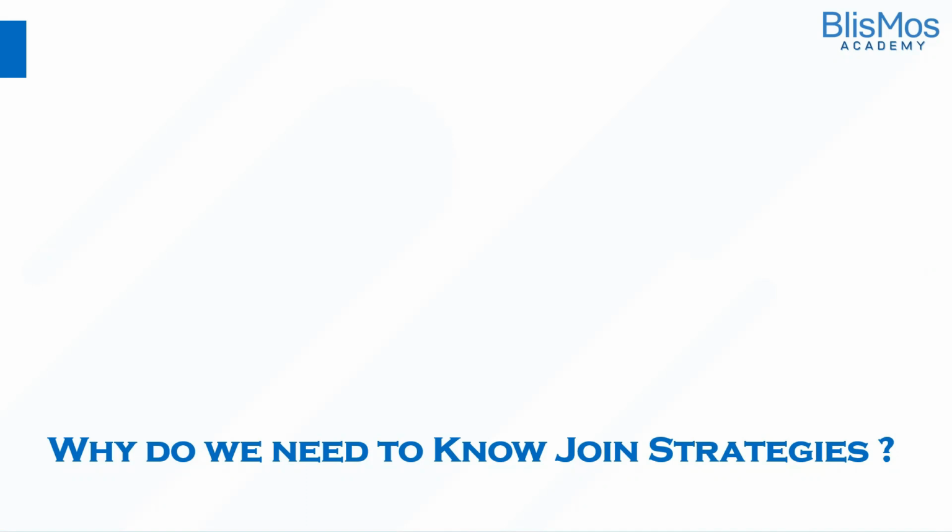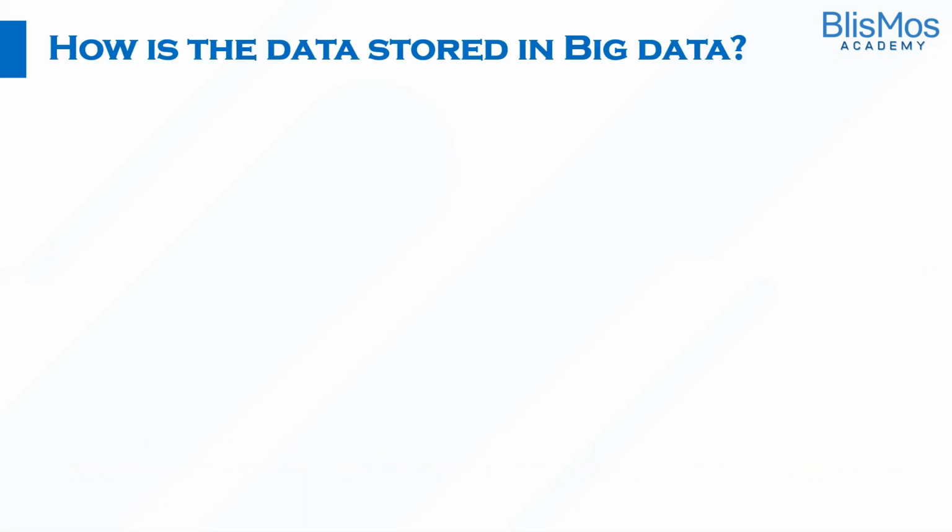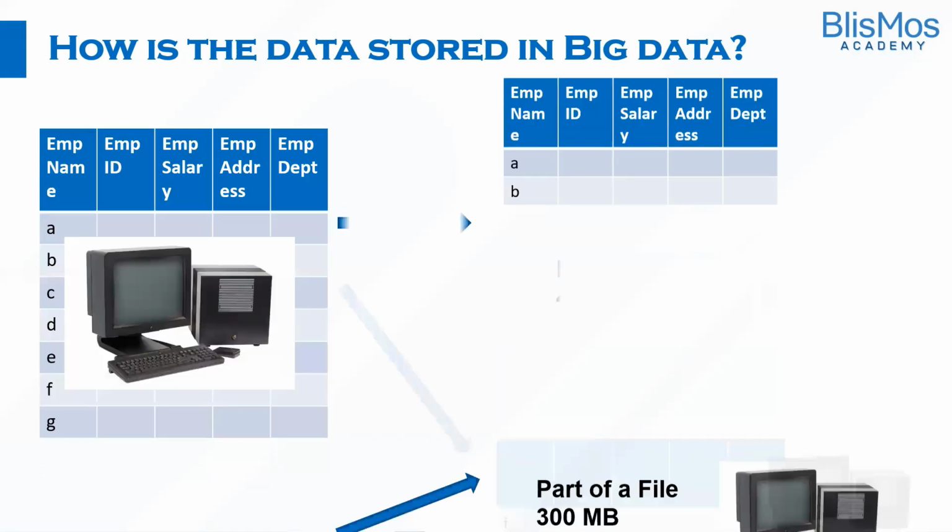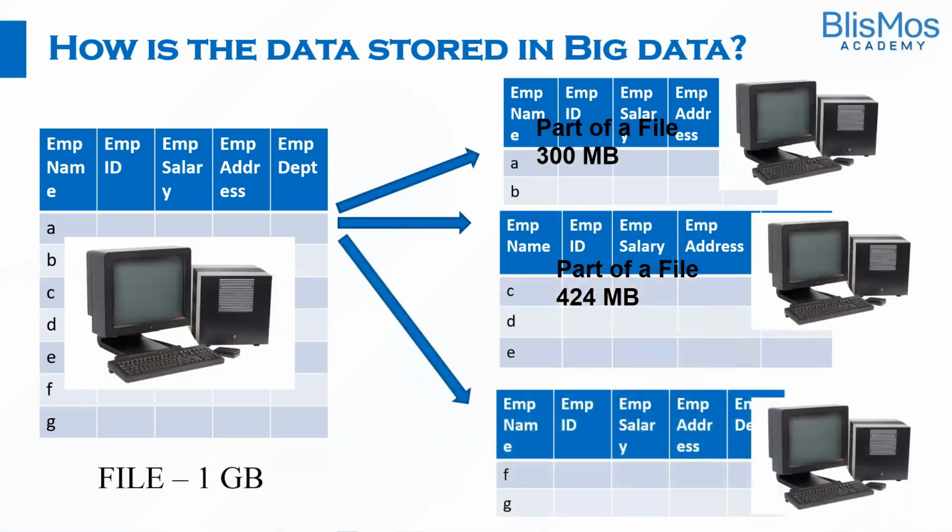If I ask you a very simple question, how is the data stored when we say we are storing big data? I know you would be wondering about such a simple question. The data is stored in a distributed manner.